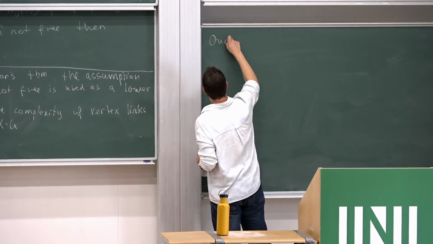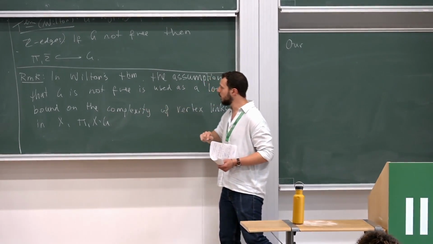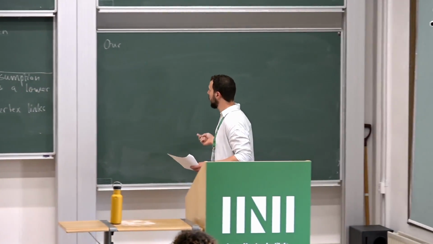Now, we have a stronger assumption, so we don't just assume that G is not a free group, we assume that it is not the free product of free and surface groups.